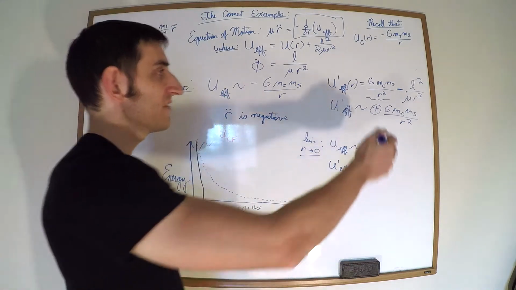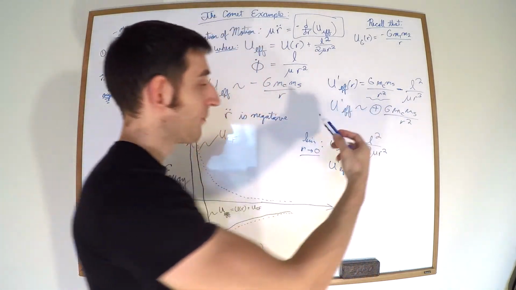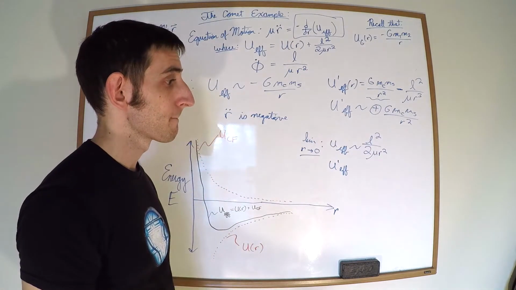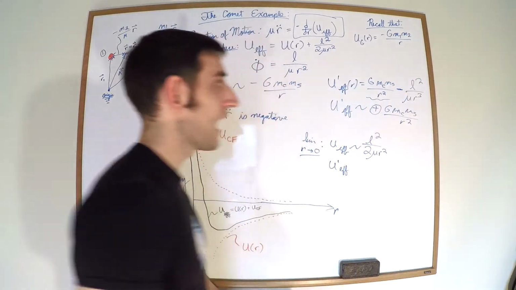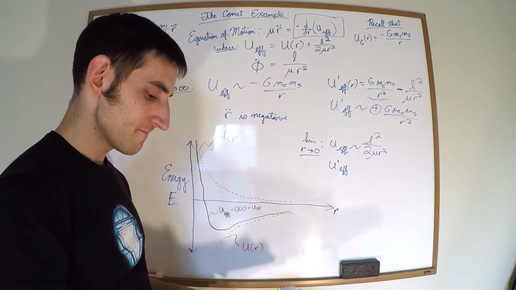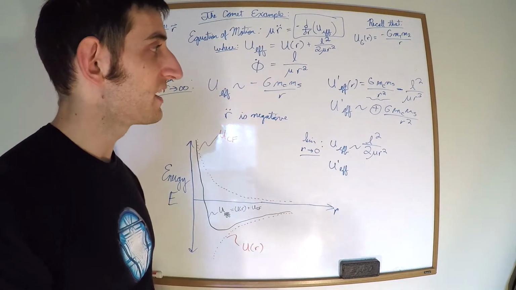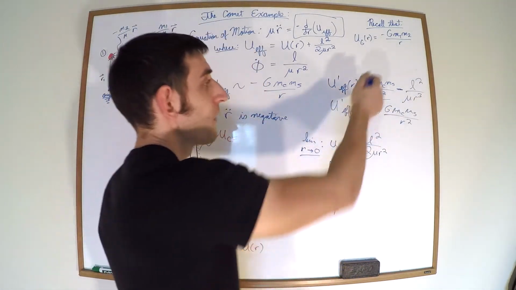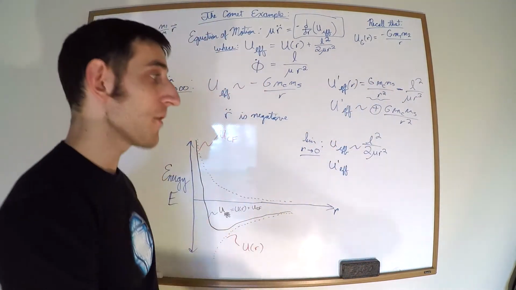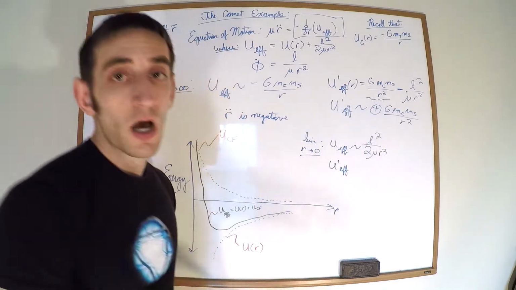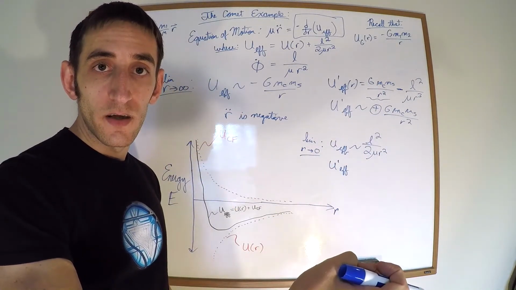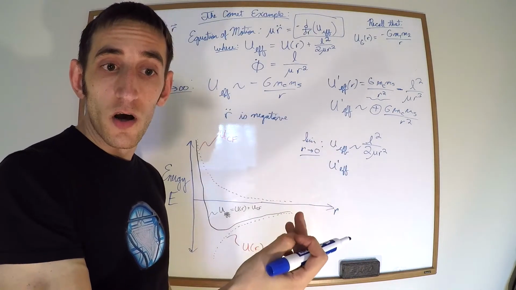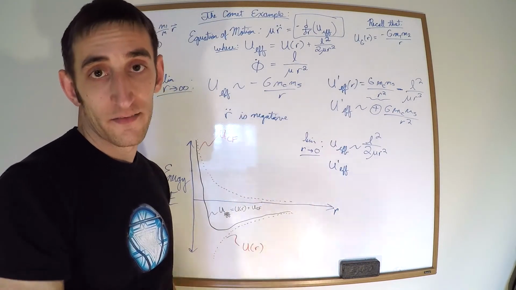Okay? So in this case, when r approaches 0, this term here is going to dominate, right? It's going to dominate because we have 1 over r cubed compared to 1 over r squared. It's the same argument we had with this, but more pronounced. 1 over a small value cubed is going to be much larger than 1 over a small value squared.